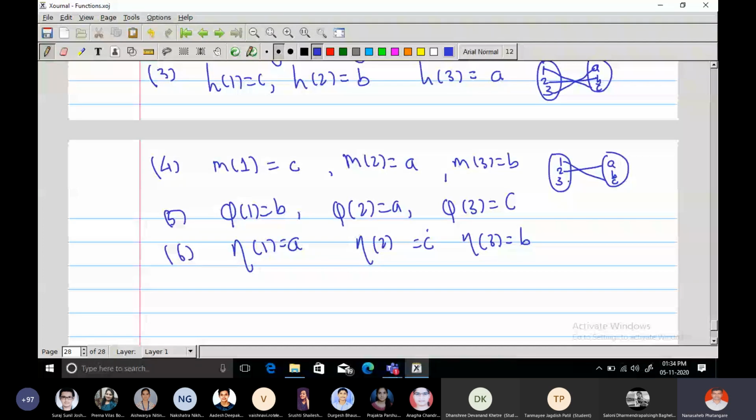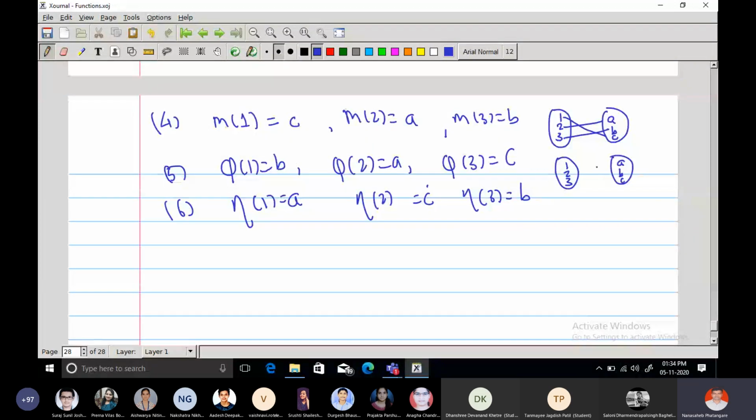So what is next here? 1, 2, 3, A, B, C. 1 goes to B, 2 goes to A, and 3 goes to C.